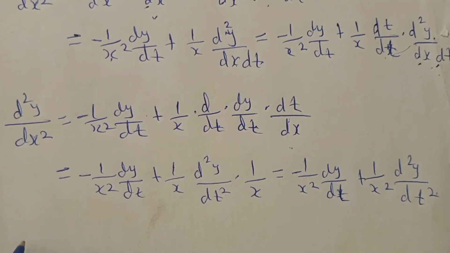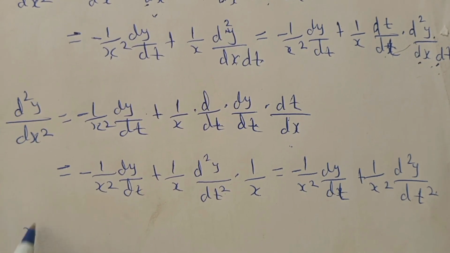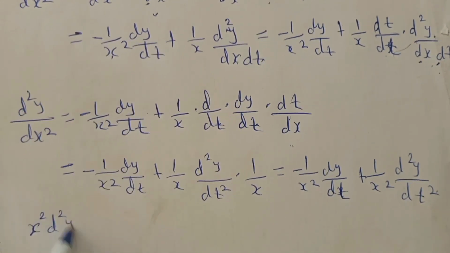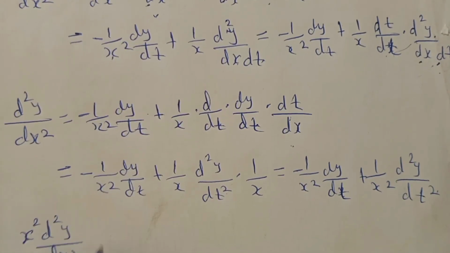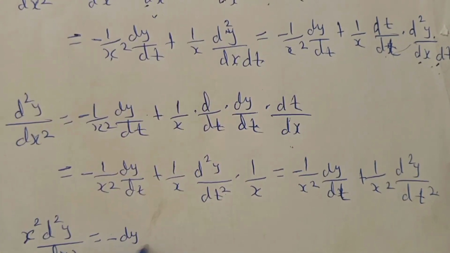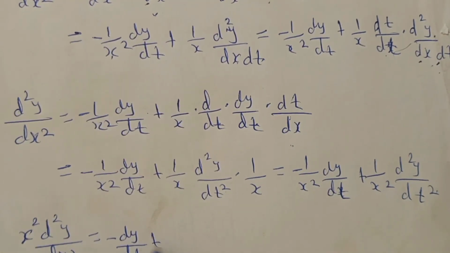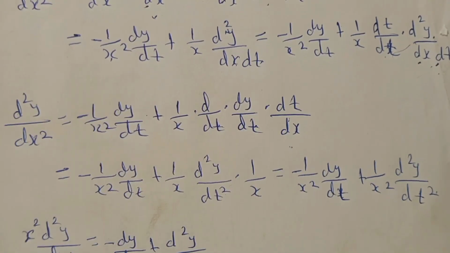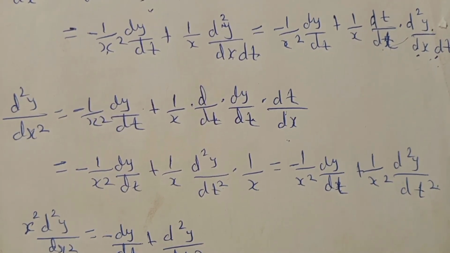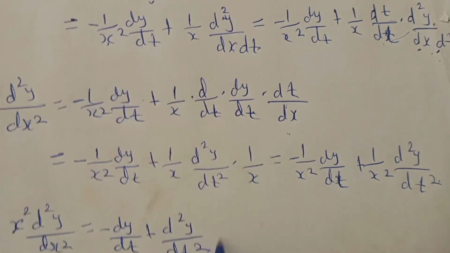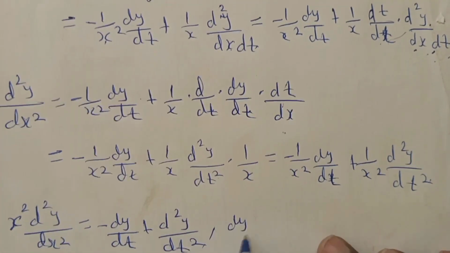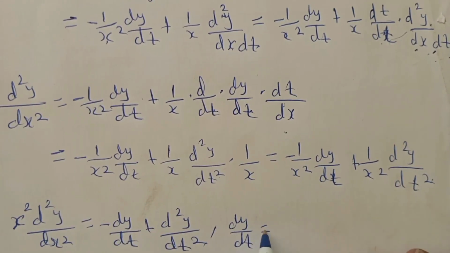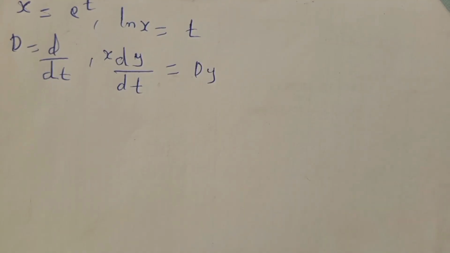Then we multiply by x squared both sides, so that we get x squared d squared y over dx squared is equal to minus dy over dt plus d squared y over dt squared. Then we note that dy over dt, we found it to be Dy.